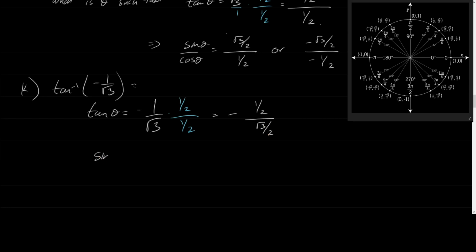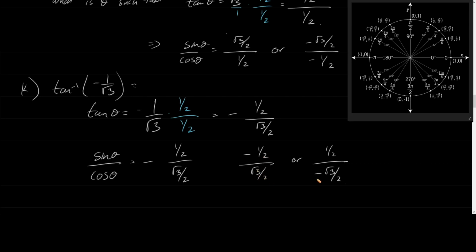And I care about this because tangent is the same thing as sine theta over cosine theta. And I've got this being equal to the negative of 1/2 over radical 3 over 2. Now recall that this is really the same thing as saying 1/2 over the negative of radical 3 over 2.